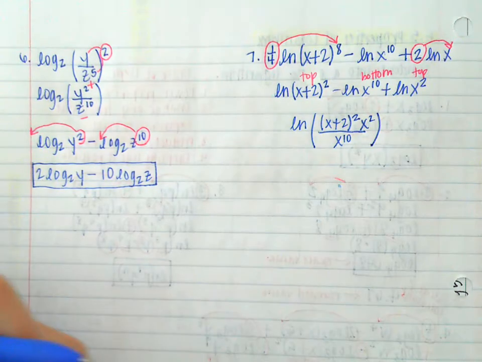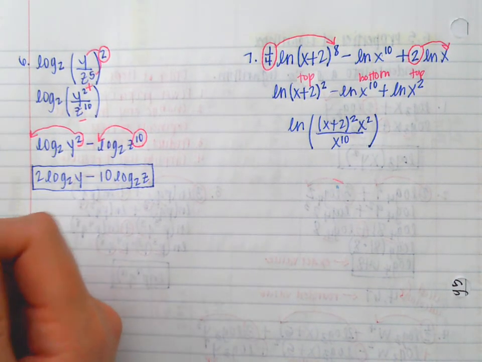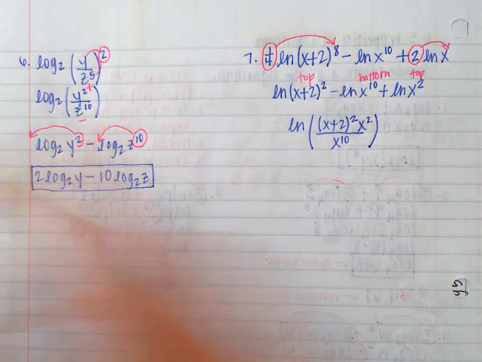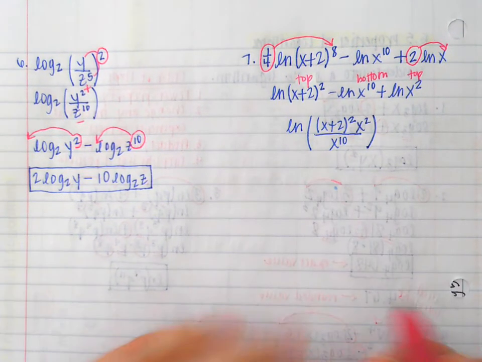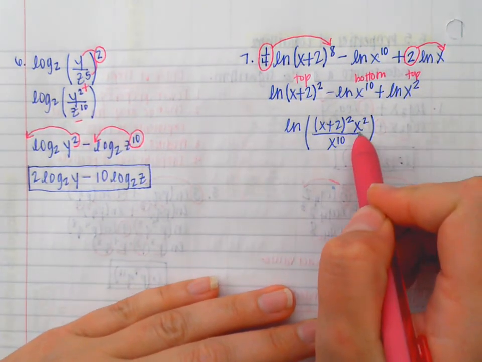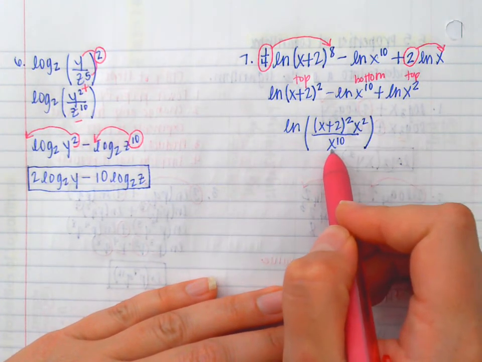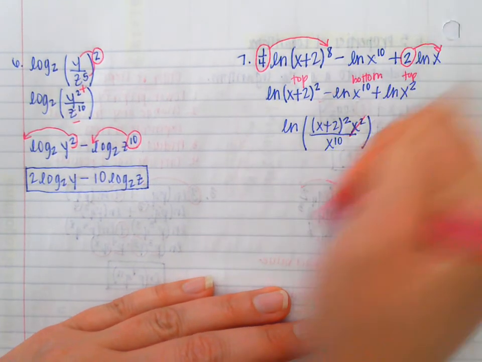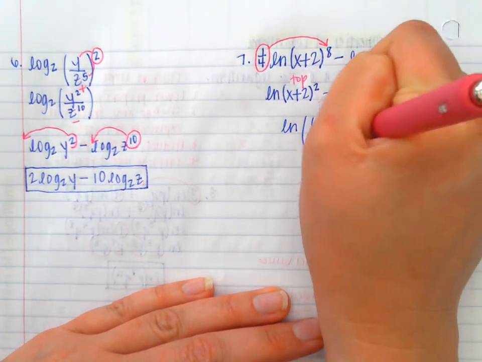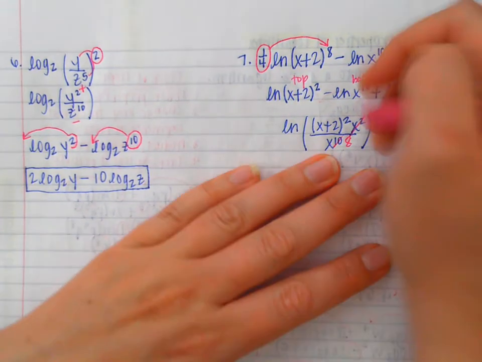Now, is that my final answer? And the answer is no. I can actually do more here. The x squared and the x to the 10th, I can simplify those. Remember, when we have the same base, we subtract the powers. So this is going to cancel out to go away, and then this is going to cancel to be 8.